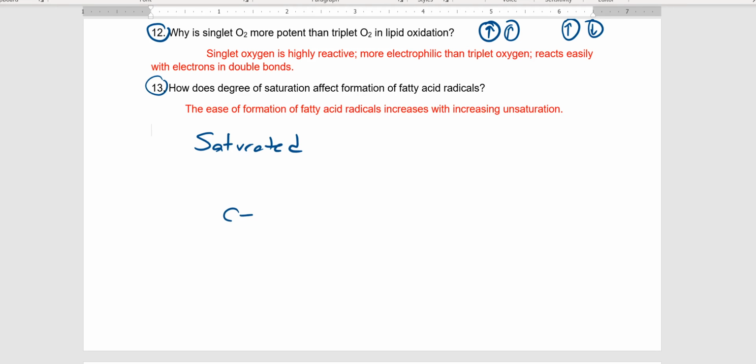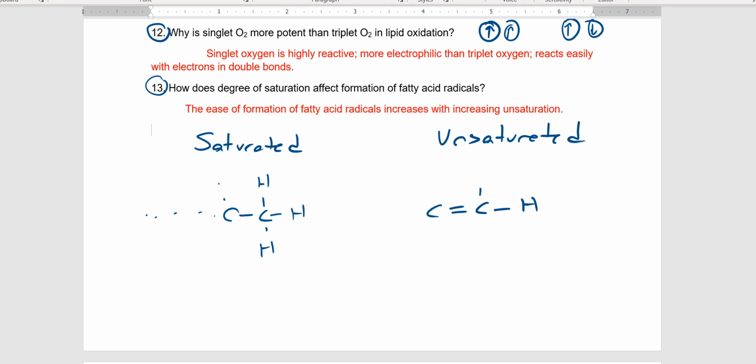So we have carbon-carbon, and unsaturated. Now we have carbon double bond. Fatty acid radicals are formed by abstracting hydrogens.